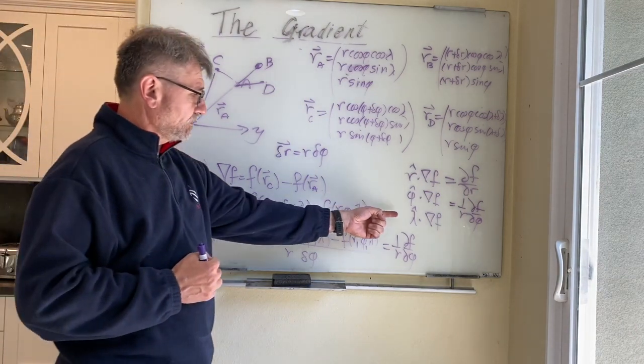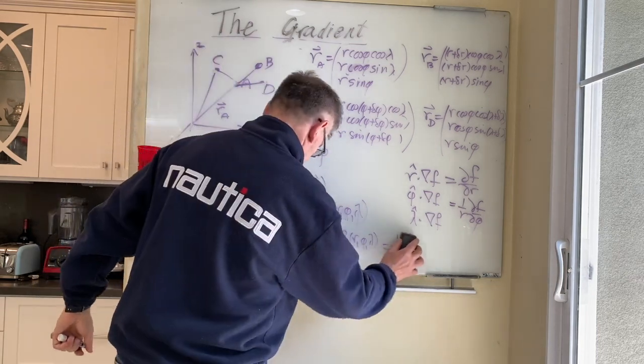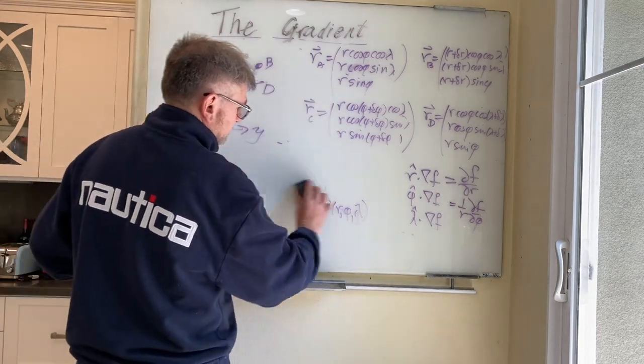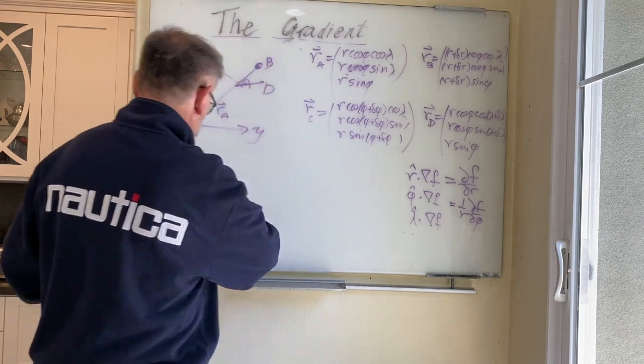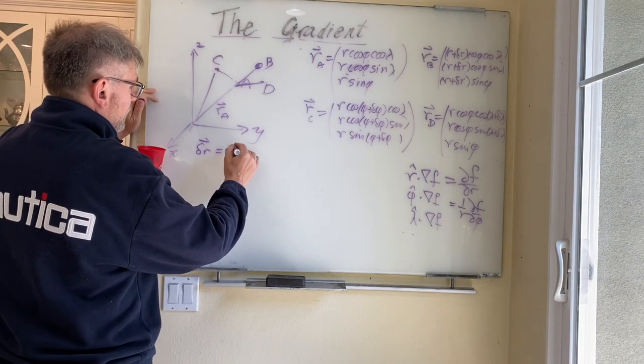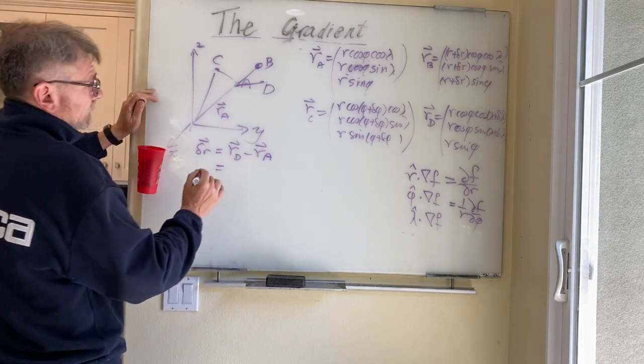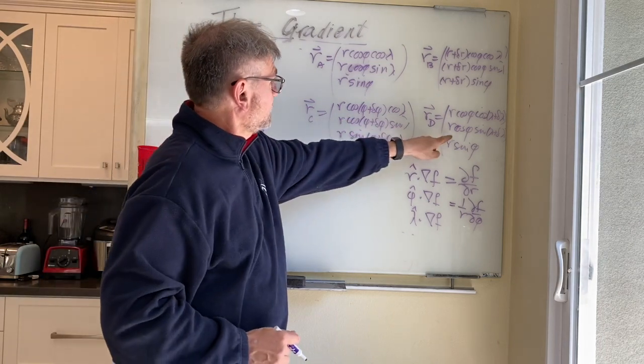Okay, now we'll do the last one in the lambda hat direction, which is going towards d. So this time, delta r is equal to r at d minus r at a, the difference between this and that.